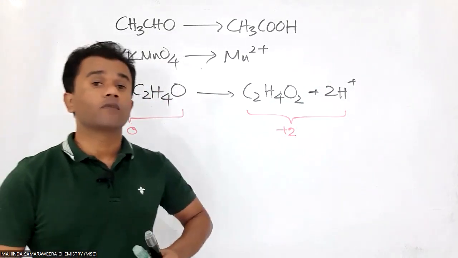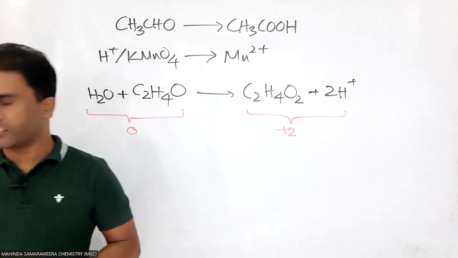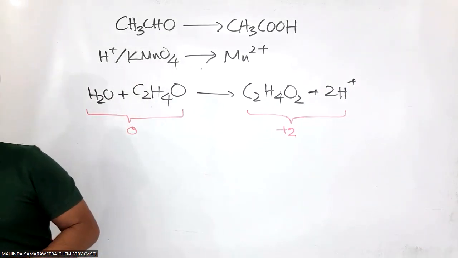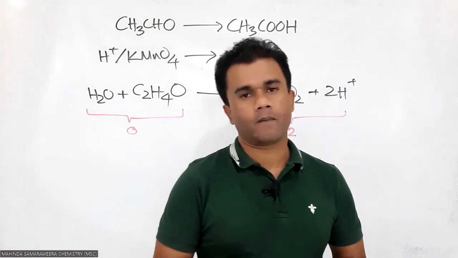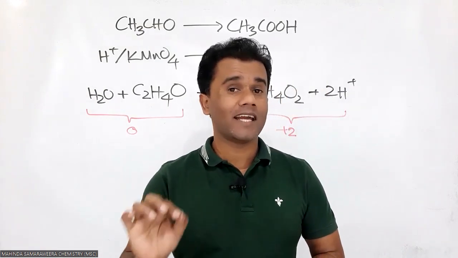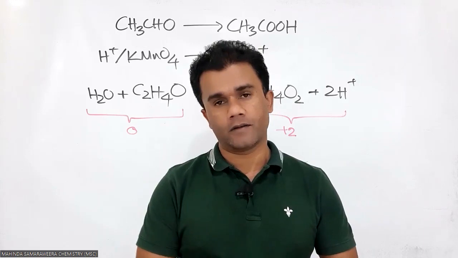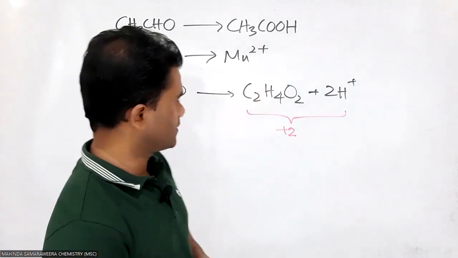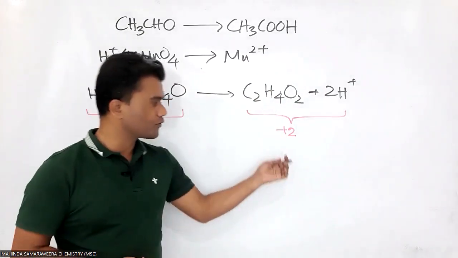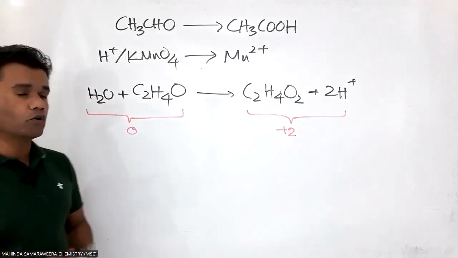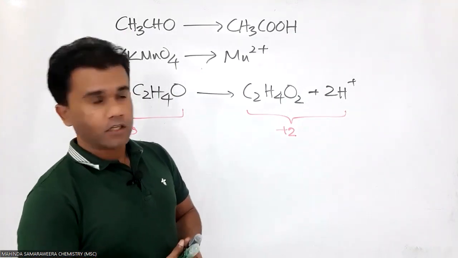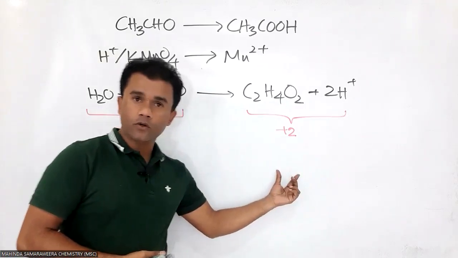Then what do we do? How to balance the charges here? Remember, to balance charges we add electrons. Adding an electron means adding a negative charge, minus 1. You can take plus 2 to 0 or 0 to plus 2.